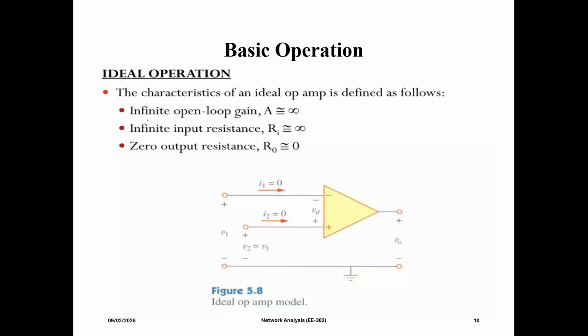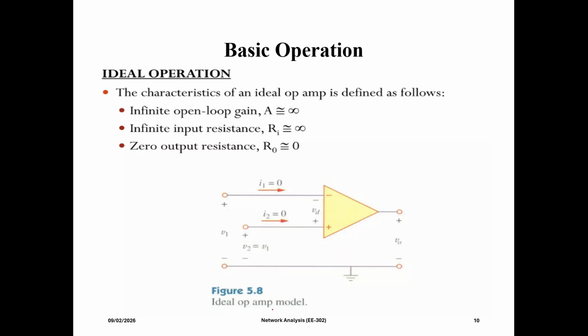The first one is the infinite open loop gain, that is, gain A is approximately equal to infinity. And the second one is infinite input resistance, that is, input resistance is infinite. And the third one is zero output resistance, and R naught is approximately equal to 0.